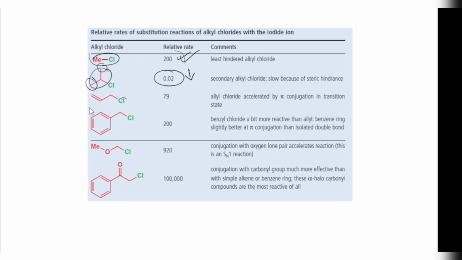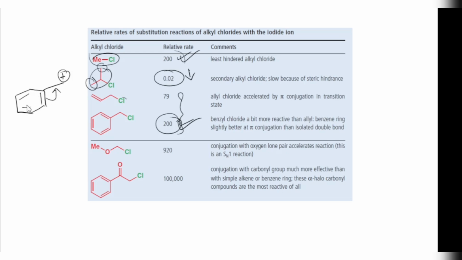In case of allylic and benzylic, we already discussed. Between allylic and benzylic, the benzylic is showing more tendency of SN2 reaction because of more resonance. More resonance will happen in case of this benzyl group, correct? Like this. Suppose here positive charge is there on carbon.